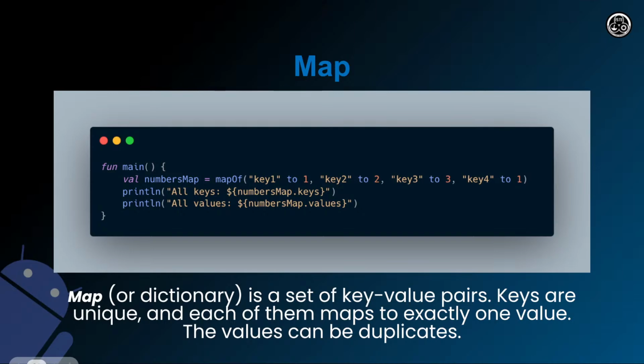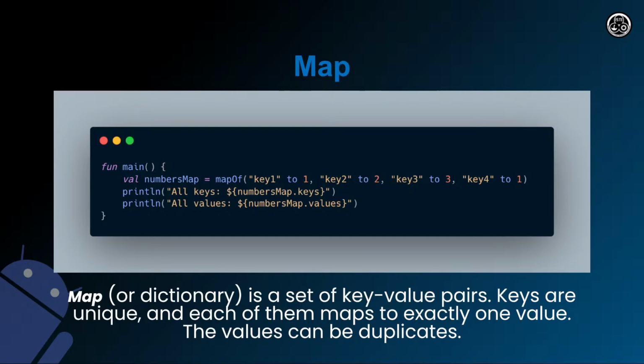Moving on to maps. A map is a collection of key and value pairs where each key is unique and is used to retrieve the corresponding value. For creating maps, we will again use similar functions as in list and sets, which are mapOf and mutableMapOf.